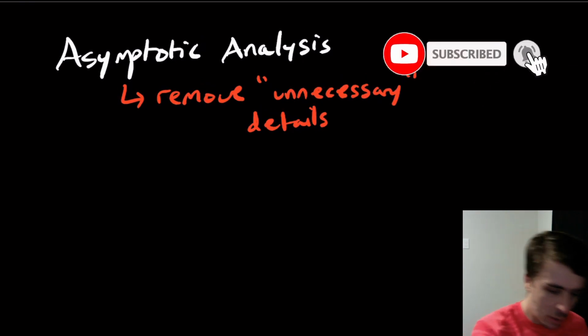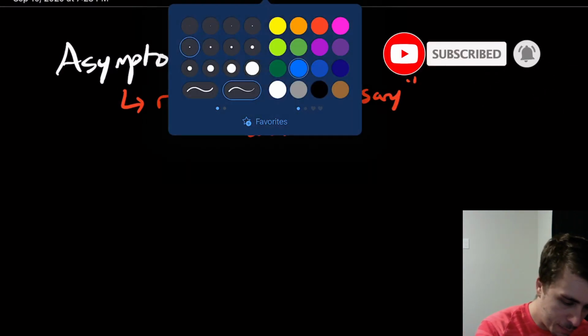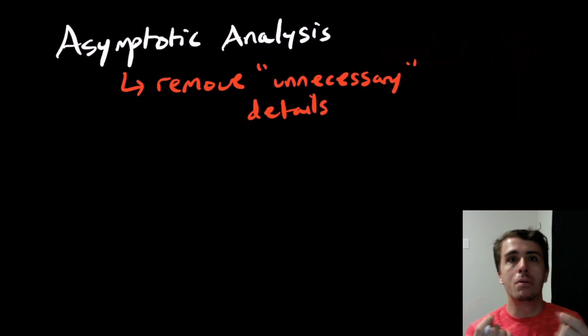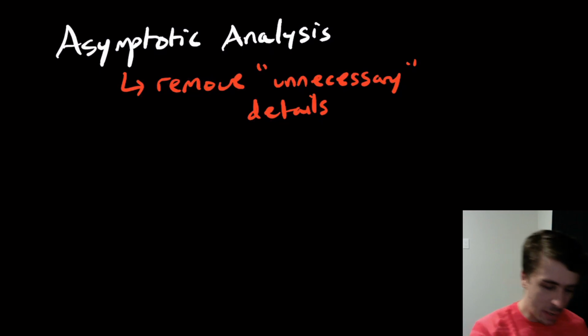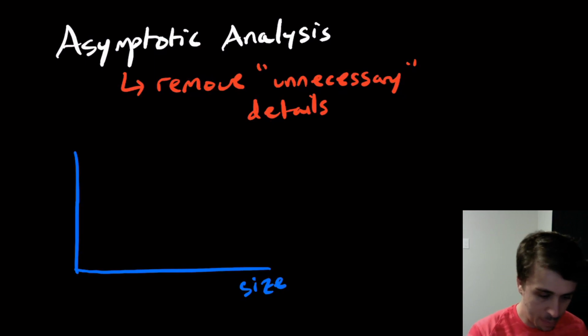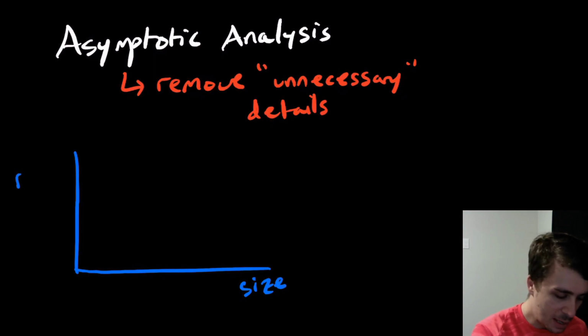So what we're really focused on here is not necessarily comparing two algorithms in terms of their absolute performance, one is X better than the other one, but rather their relative performance. So let's say we are plotting the size of the input that's given and the runtime on the other axis.